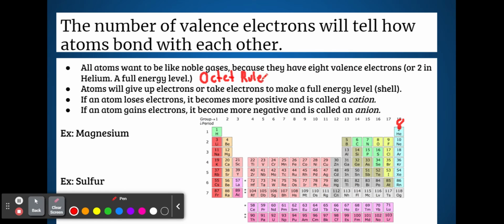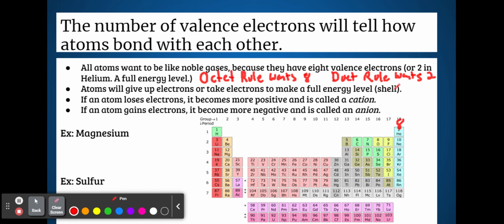So the Octet Rule wants 8, and duet rule wants 2. So atoms are going to either give away electrons or take electrons to get those 8 or 2 electrons.